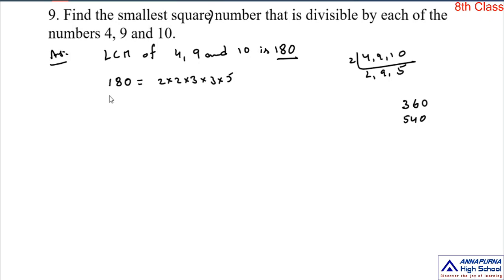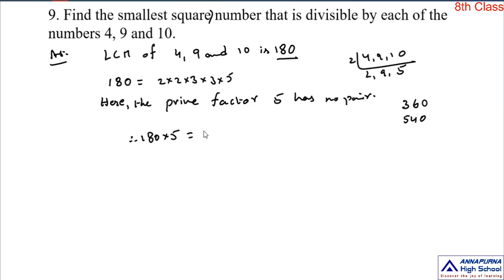5. So multiply that given number, that means this 180, by 5. Here we clearly see that the prime factor 5 has no pair. So 180 must be multiplied by 5 to make it a perfect square. So 180 into 5 is equal to 900.